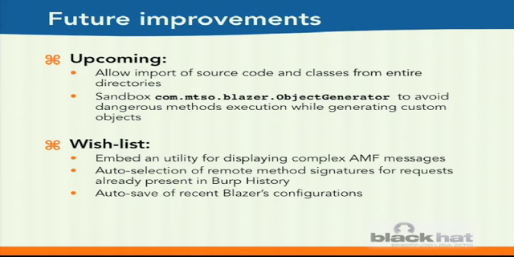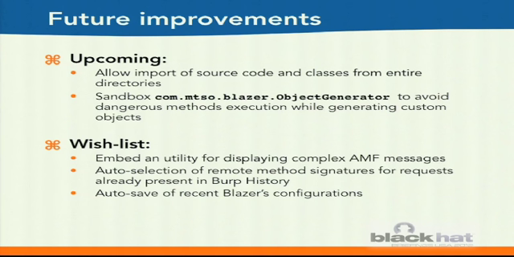Another improvement, which is going to be released pretty soon, is the idea of sandboxing the object generation. So we are using the application library, and testers may not be using a virtual environment or a PC just for testing purposes. They may use their laptop. So we actually don't know what the application methods are going to generate.